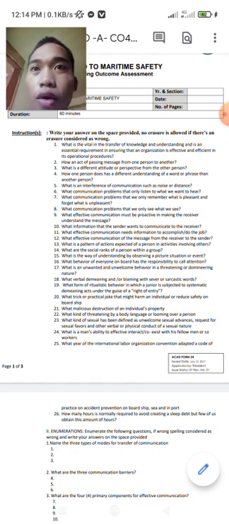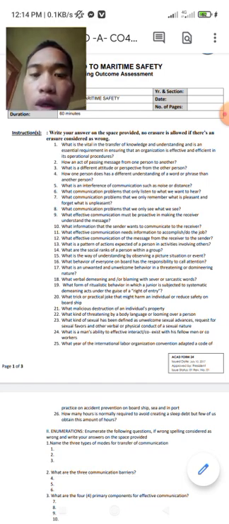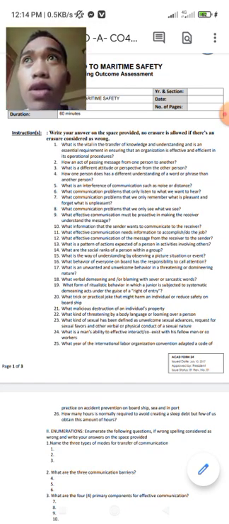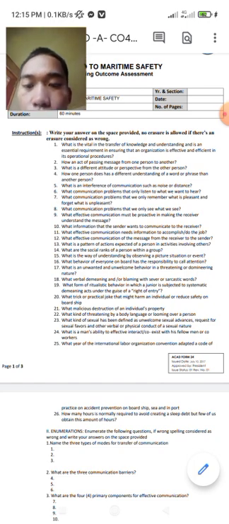Some people might think it was true, so it was risky or dangerous, and it causes the man on board to commit suicide just like that. So number 21, what is malicious destruction of an individual's property? I think my answer for this is sabotage.